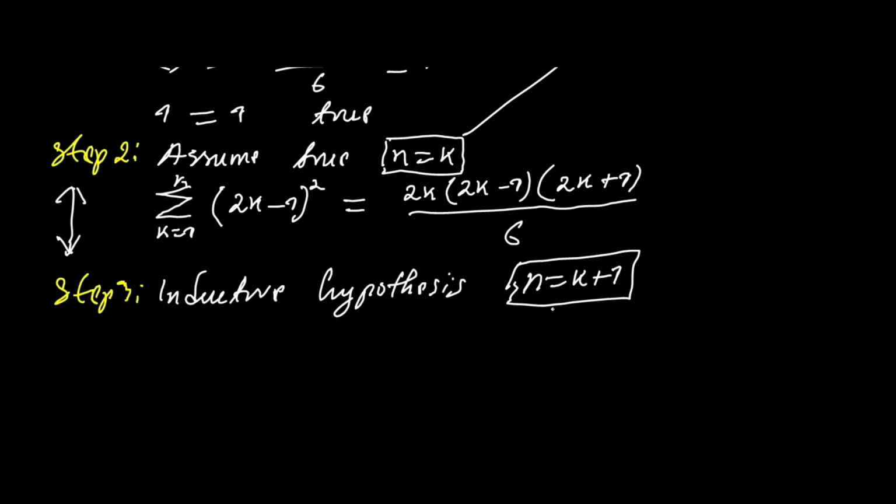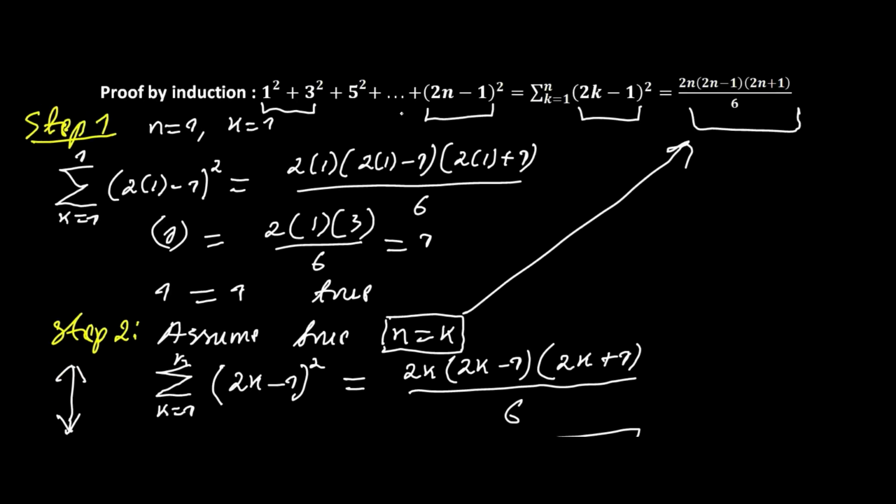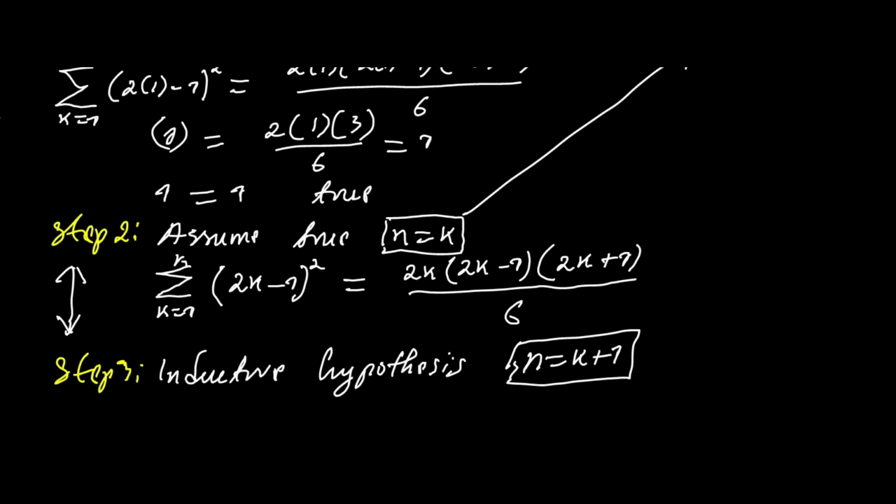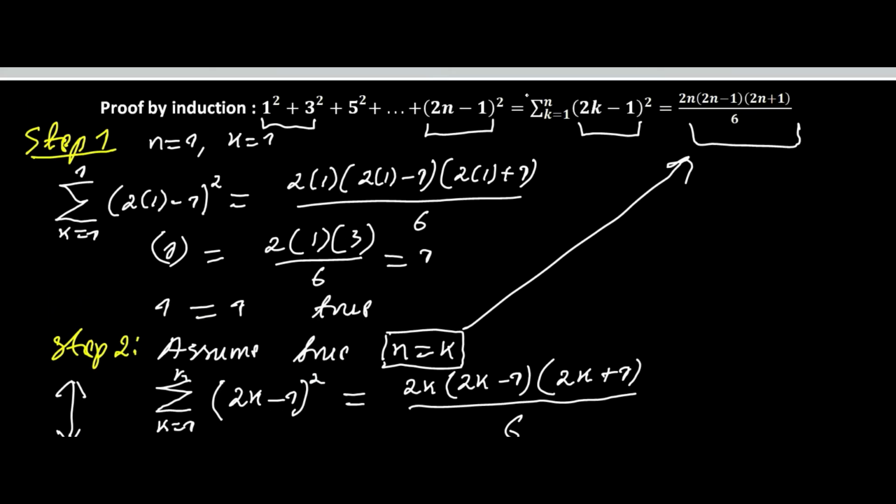But to do this, we need to take note of something. If we look at our expression above, we see that we're adding 1 squared plus 3 squared plus 5 squared plus, right up to, for n equal to k, meaning that we're going to add this expression right up to (2k minus 1) all squared.